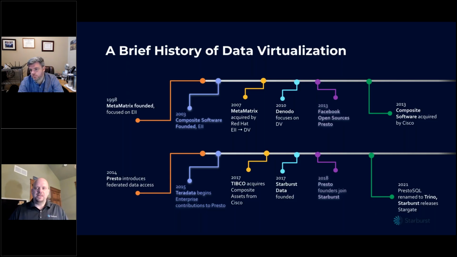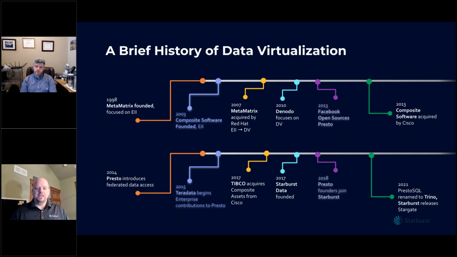In 2014, Presto introduced federated data access. This is where the users at Facebook started to realize that even though they had a data lake that contained a massive amount of data, there was a need to introduce access to other data sources that had not yet made it to the data lake, or that may never make it to the data lake depending on the data type.